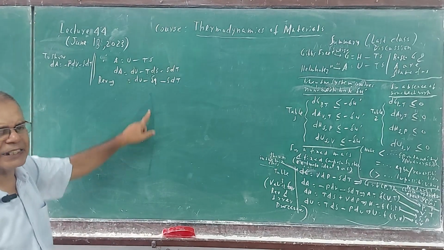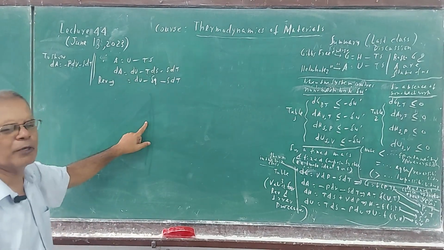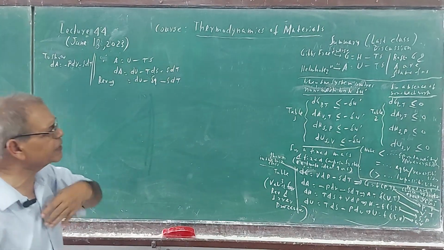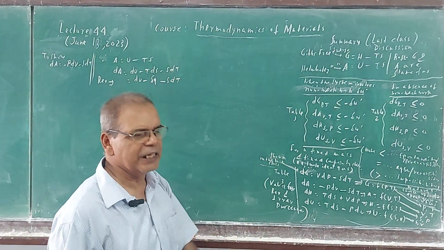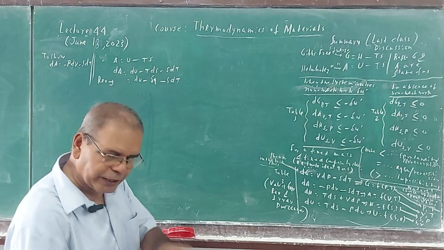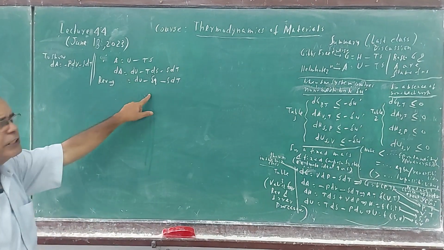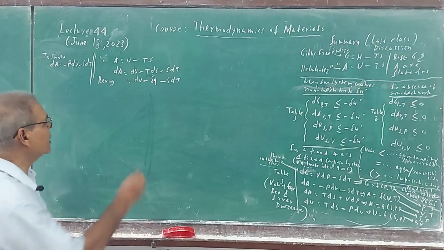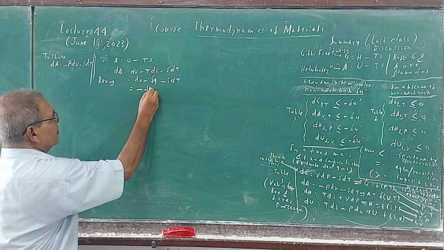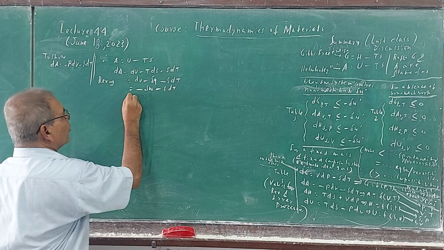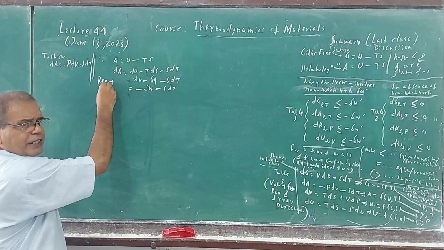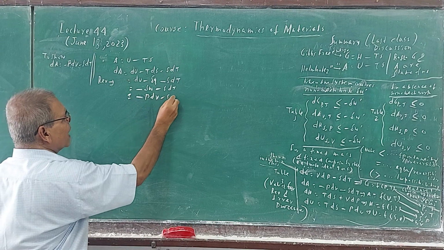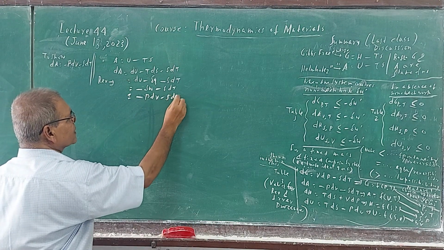By the first law, it is dW. Minus SdT, and what type of dW? I have considered reversible, so minus PdV, and you are all set. See how easy. Everything will be over here, in half an hour.